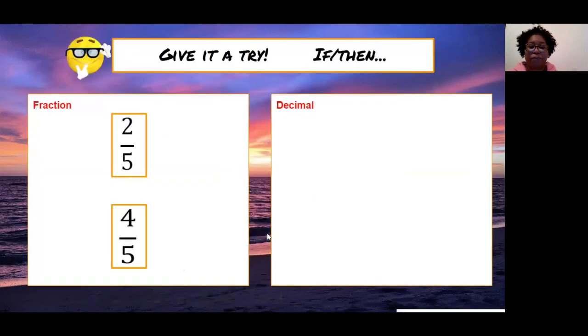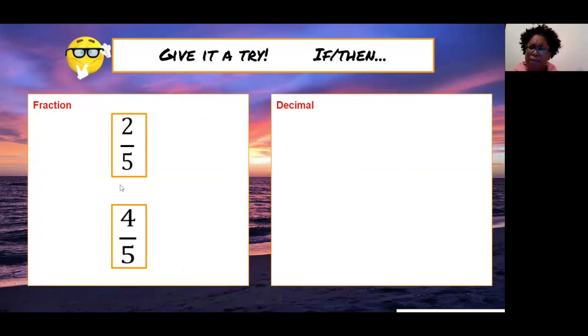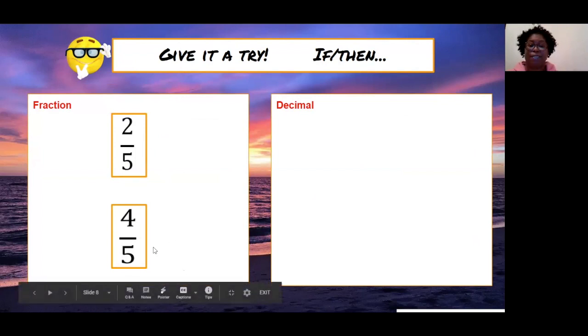Okay, so if and then, think about it. Let's give it a try. Well, if we know what 1/5 is, what do you think 2/5 is? If you know what 1/5 or 2/5 is, what do you think 4/5 is?